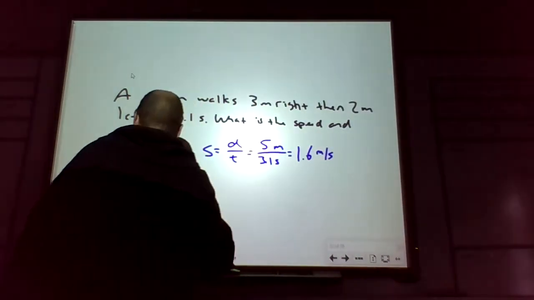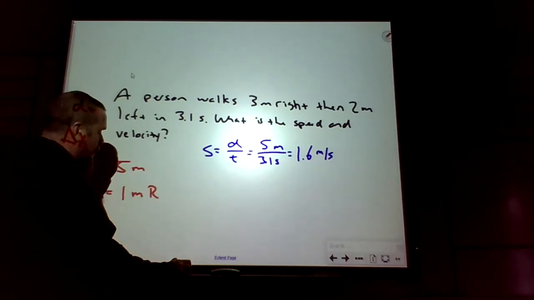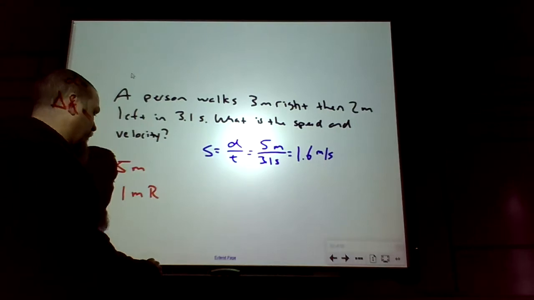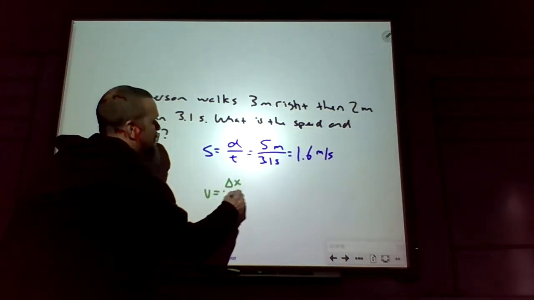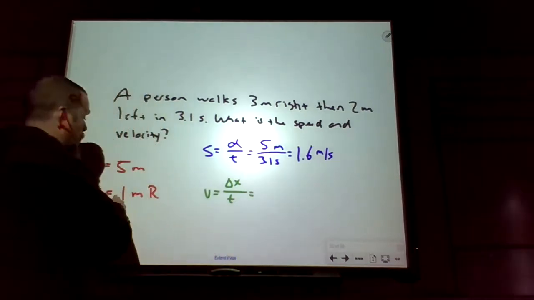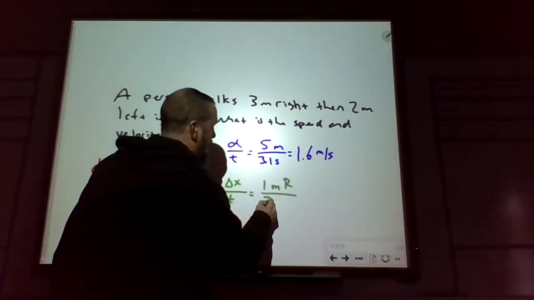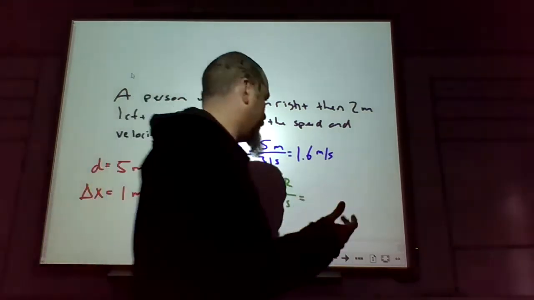Now for the velocity, remember this has to have a direction on it. So it'd be to the right. We're going to make sure we carry that direction all the way through the calculation. Velocity is displacement over time. So it's 1 meter right over 3.1 seconds. We use the same time for both because they're doing the same thing.